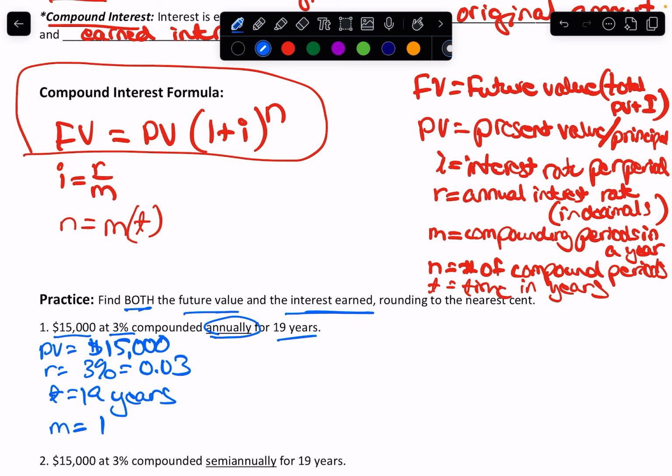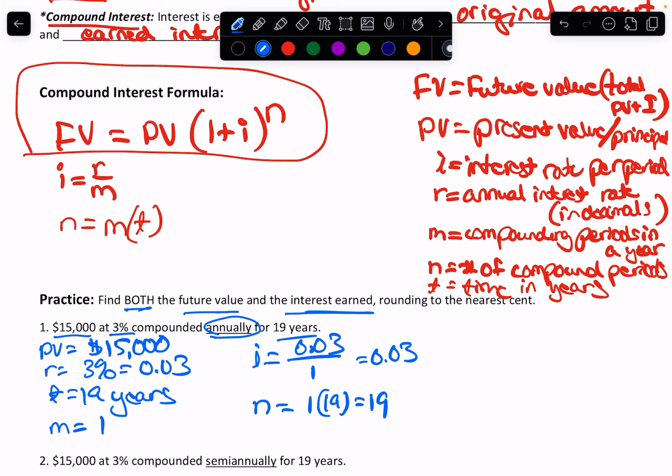Now we're going to calculate the i. So the i is the r, which in this case is 0.03, divided by m, which is 1. So our i is 0.03. Our n is going to be m times t. So our m is 1 because it's annually, and our t is 19. So this is going to be 19.